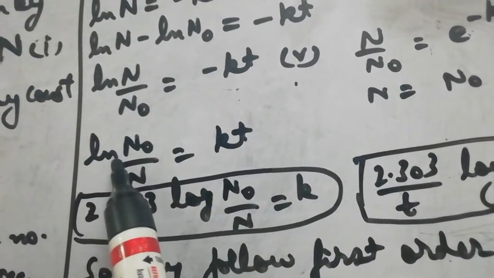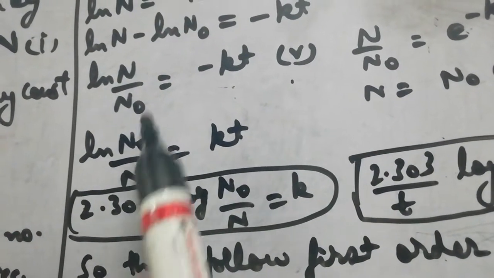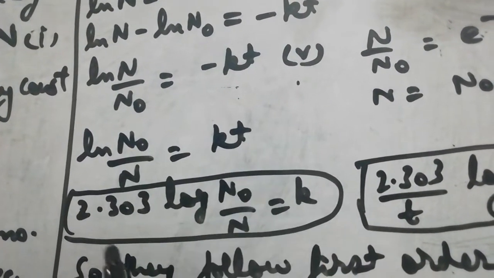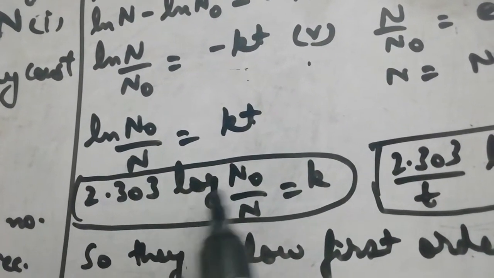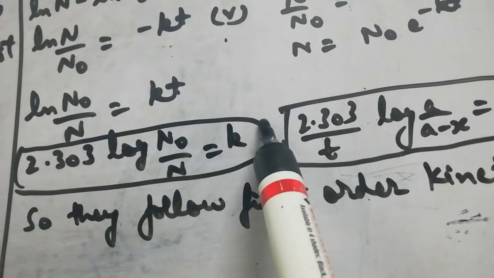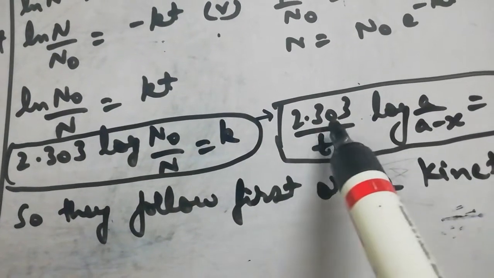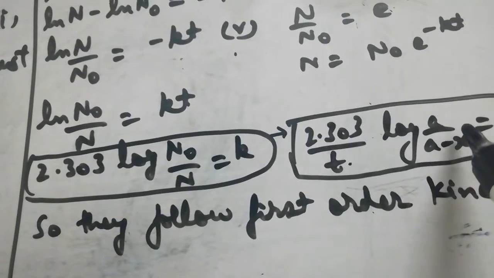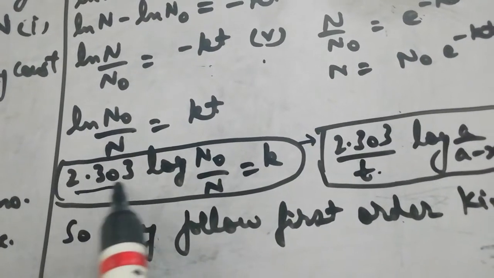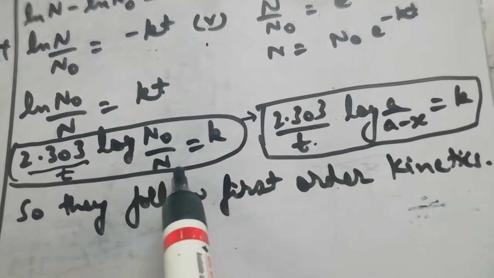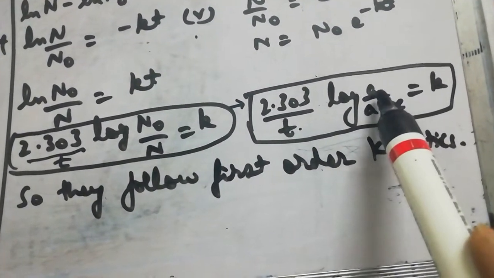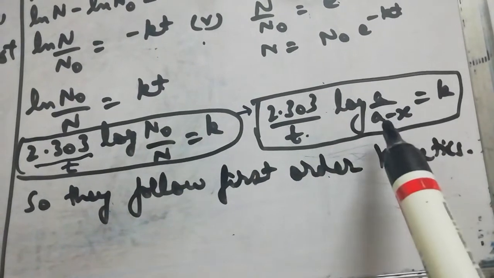After equation number 5, the next step is ln of N0 over N. We have reversed this, so the minus sign will be removed, and it equals Kt. Converting natural log, 2.303 log N0 upon N is equal to Kt. Here we missed the t: K is equal to 2.303 upon t log N0 upon N. This equation is the same as the one we derived earlier for first order kinetics, that is 2.303 upon t log a over a minus x is equal to K. From this equation we can see that N0 is the initial concentration which represents a, and N is the concentration at any instant of time which represents a minus x.